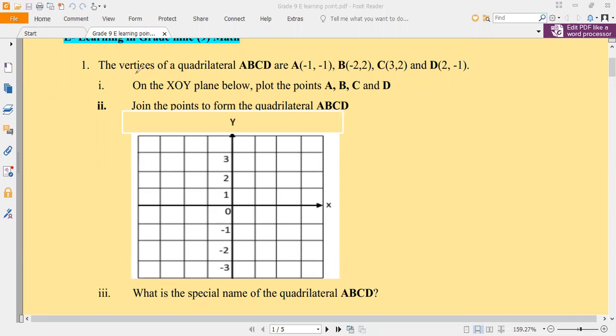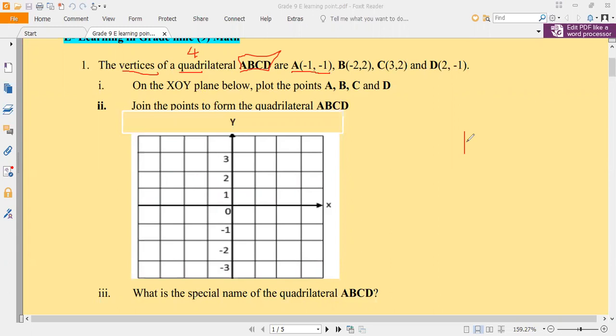The vertices of a quadrilateral. A quadrilateral is a plane figure that has got 4 sides. And you can count here, there are 4 letters, one coming from each corner. So vertices of a quadrilateral, and these are the points.